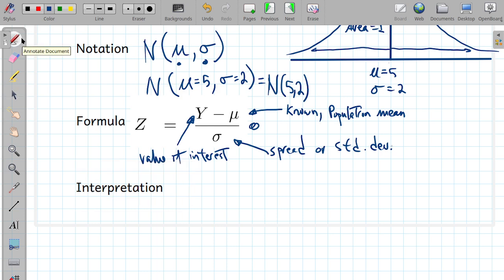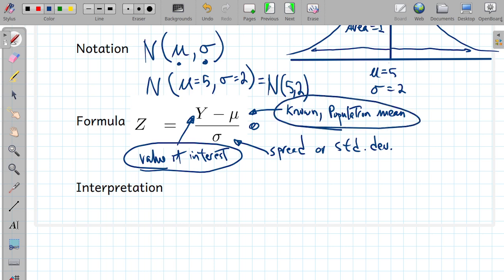So how do we interpret this? Well, I've largely talked about that. Y is the value that you're given that you want to compare to a known value. But before you can use a table, we need to divide out the spread. Now here's the thing. No one's going to ask you why, so I'm not going to write down anything. I'm just going to tell you why. Because there's an infinite number of populations that you may be interested in studying.